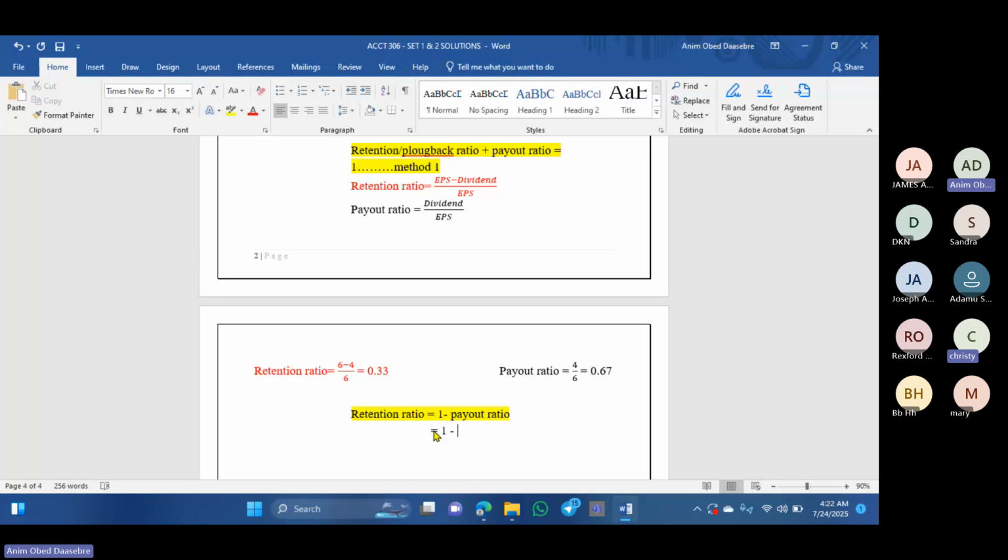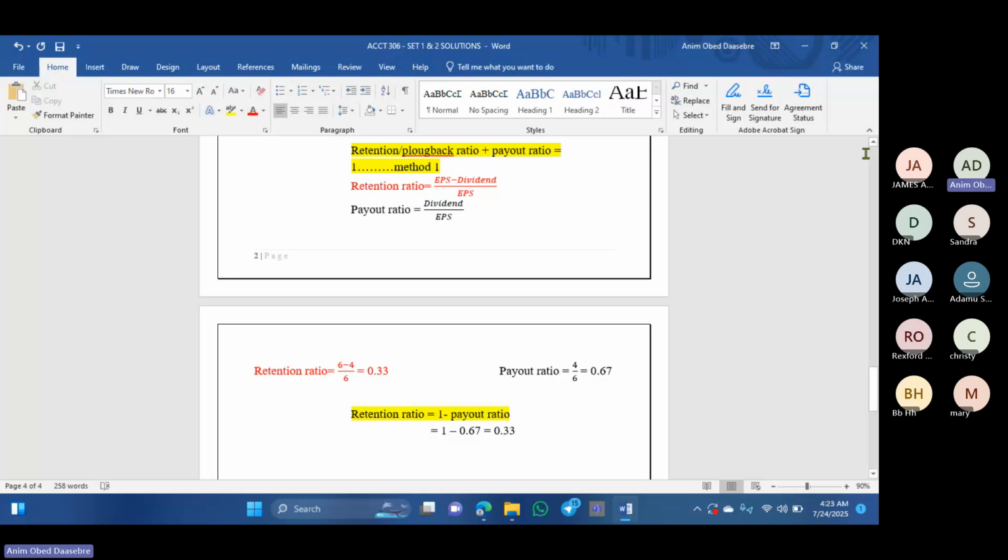So the payout ratio is 0.67, and this one will give us a retention ratio of 0.33, right? Yes, so you see, 0.33.